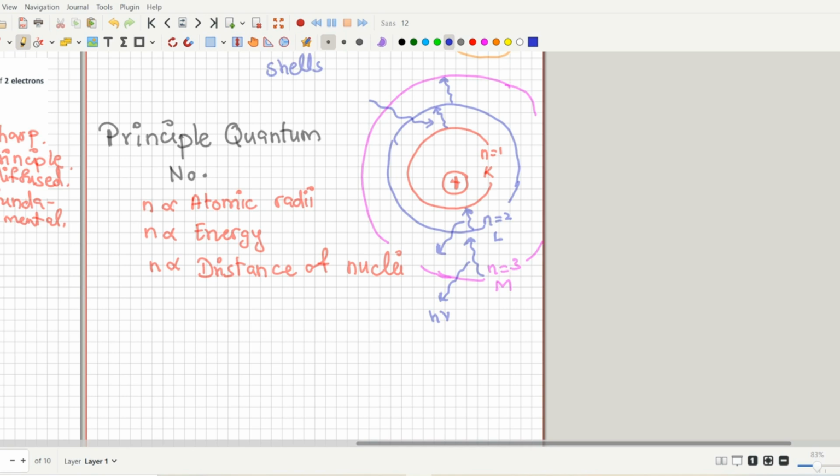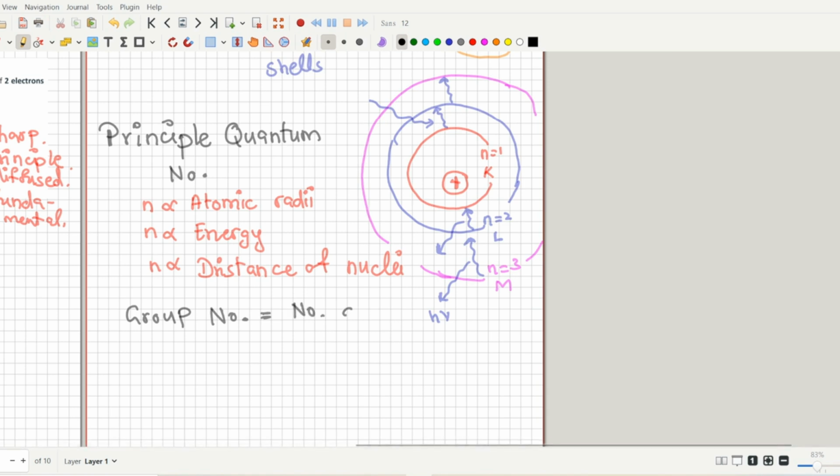The other thing you can know from here is a short trick that you need to memorize, and that is group number and period number. We will be discussing it in detail in the periodic table lecture, but we will discuss it here too. The group number tells you about the number of electrons in a shell. And the period number tells you about the highest value of n, that is the principal quantum number.